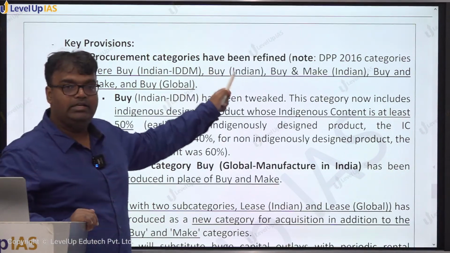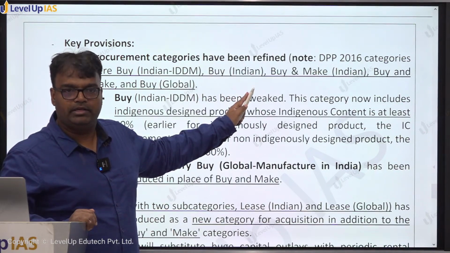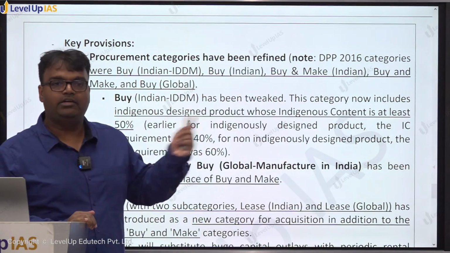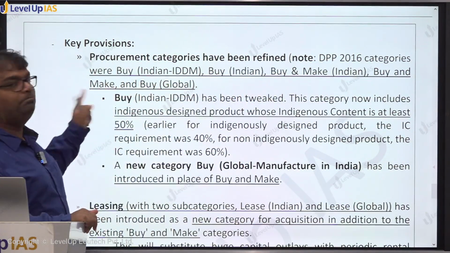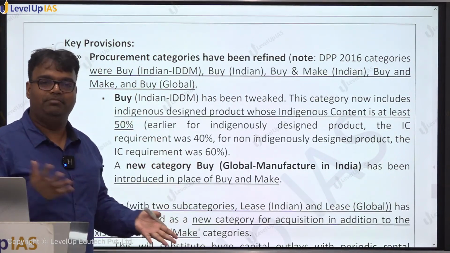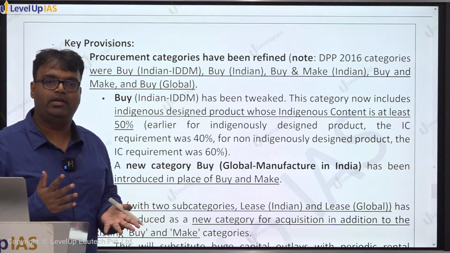Then buy Indian. Here it is not indigenously designed and developed, but it is Indian. Buy and make Indian: in buy and make you're buying it from outside, but you are manufacturing some of it in India. In it the indigenous component is not so much that you can call it Indian, but it is buy and make. And then buy global. The last option was buy global.